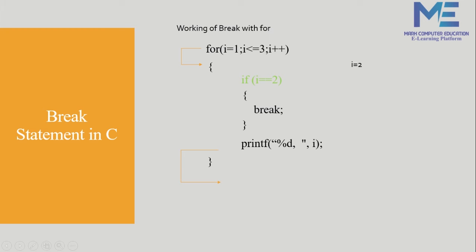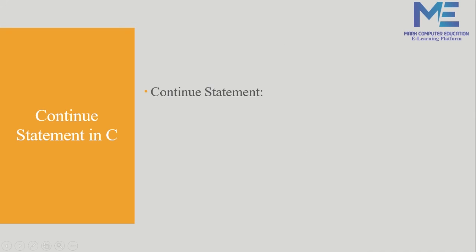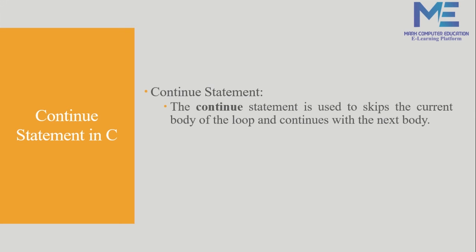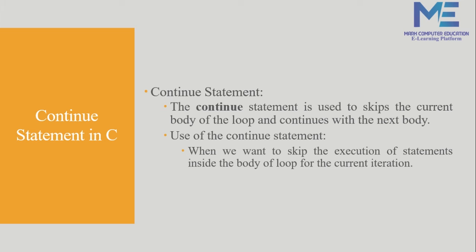Now we will learn the continue statement. So what is the continue statement? The continue statement is used to skip the current body of the loop and continue with the next body. We use the continue statement when we want to skip the execution of the statements inside the body of the loop for the current iteration.